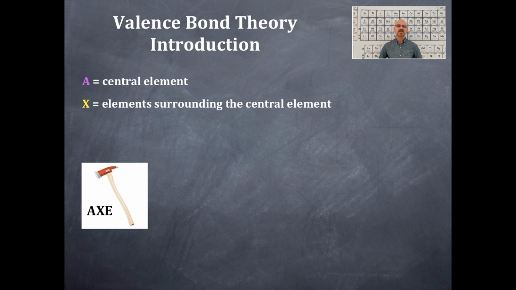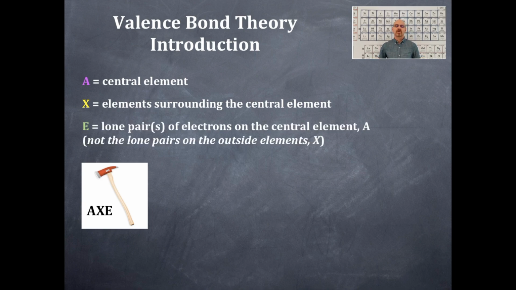The X is for the elements that surround the central element. And the E are lone pairs of electrons only on the A, that's the central element. If there are lone pairs of electrons on the outside elements, those are the X's, we don't care for our VSEPR shape. It doesn't matter for the shape itself.